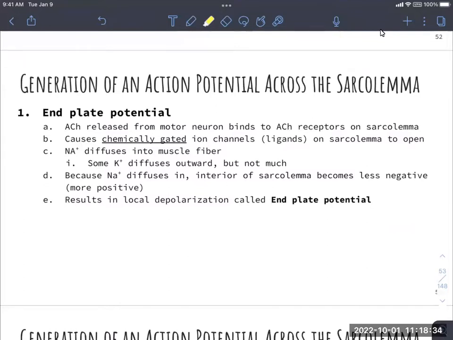So here we go. We said our cell is usually around -70 millivolts. That is its end plate potential. It has chemically gated ion channels with ligands. That is where that acetylcholine binds. That's what causes sodium to rush into the cell.